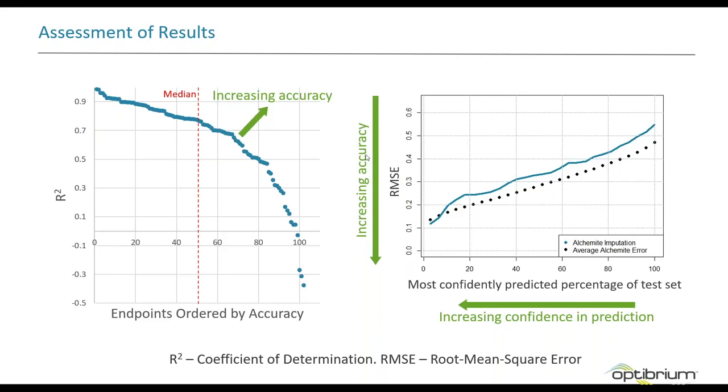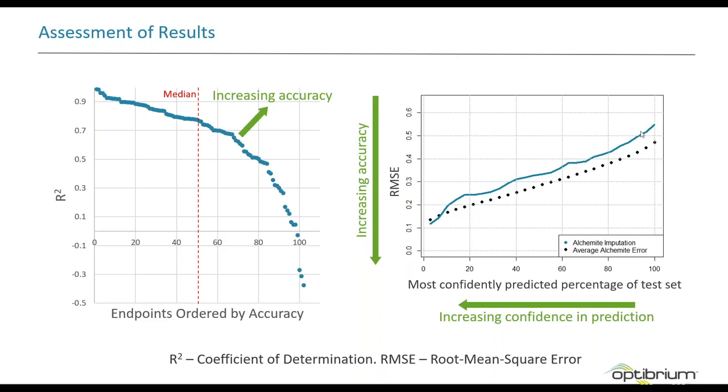And we can do that by ranking the test predictions by confidence on the x-axis versus the RMSE on the y-axis. And so for 100% of the predictions, we would expect to see the highest error or the least accuracy.